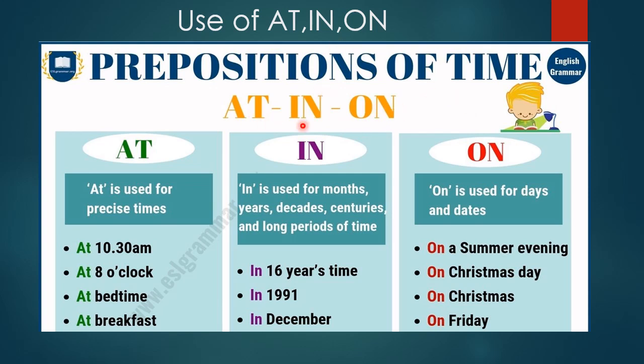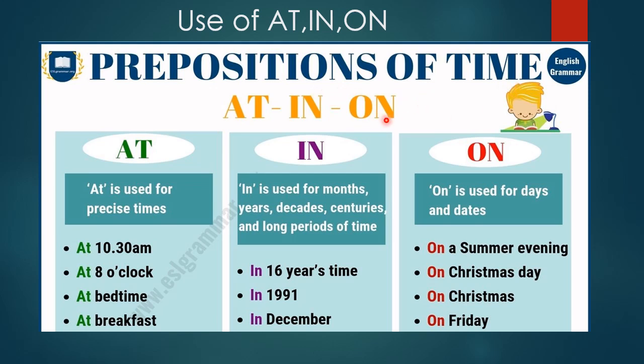Whenever I say that I have to reach this place at 10:30 a.m., 9:30 a.m., I use the preposition at. If I have to tell you that I was born in a year, if I tell you my birth year, then of course I will use the word in. And on is specifically used for dates and days. Clear? So I'm going to quickly read this for you all.